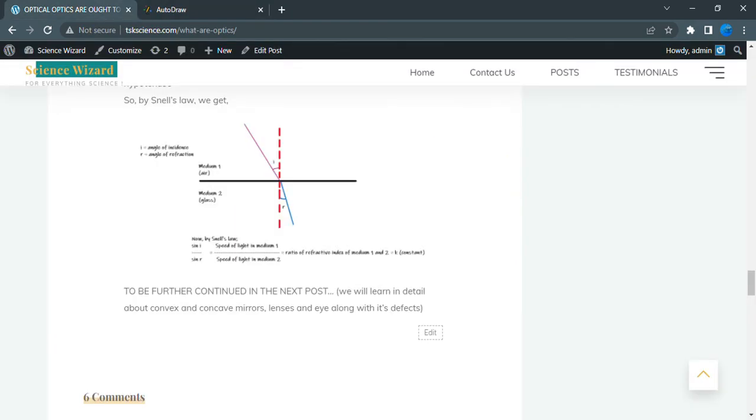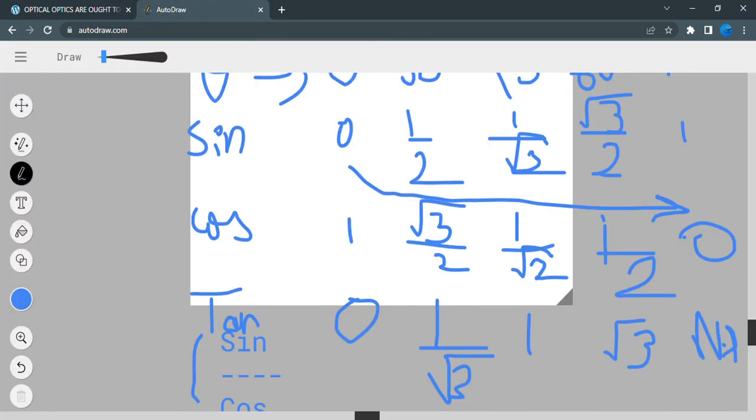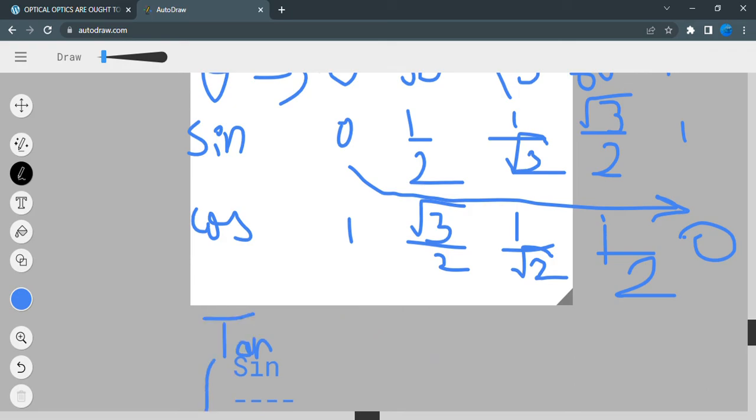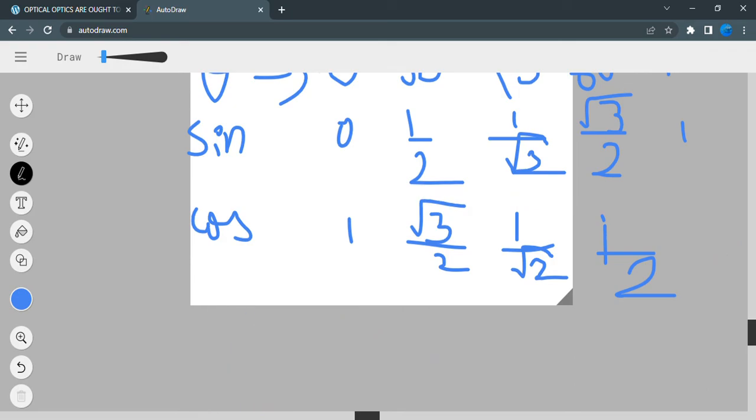Now let's get back to Snell's law. Let's consider the angle of incidence to be 30 degrees and the angle of refraction to be 45 degrees.